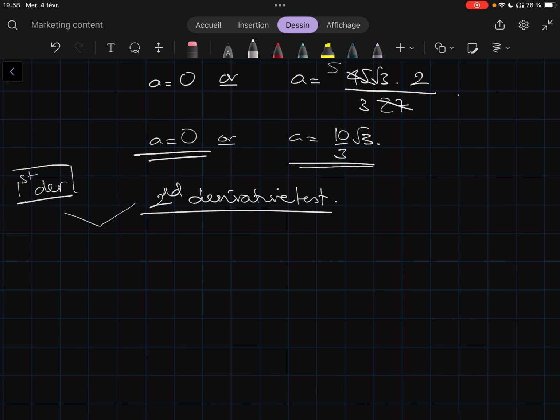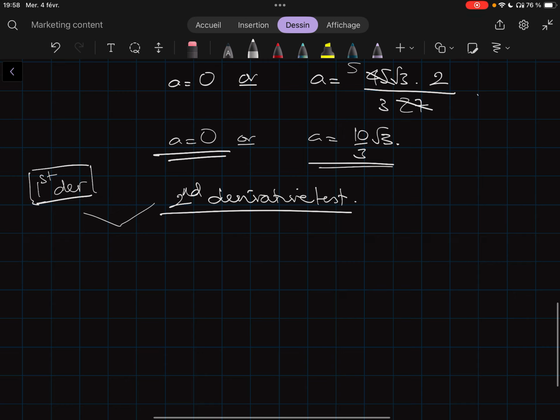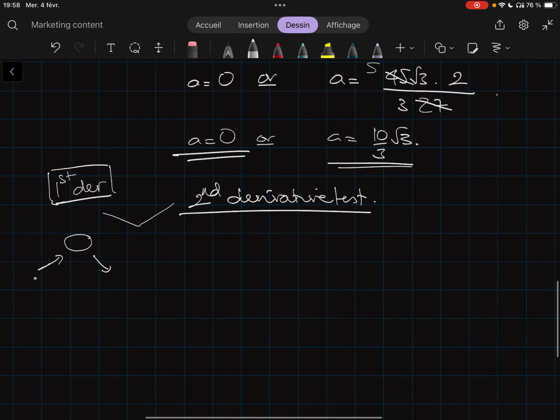However, it's much harder to show the first derivative test properly because you need to obtain values to the left and to the right of the critical value that you just found. And it's not sufficient to show that this value is less than that and this value is less than that. I would highly recommend, especially when it's not too cumbersome, to use the second derivative test instead.